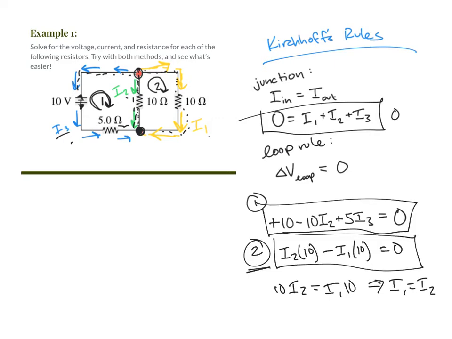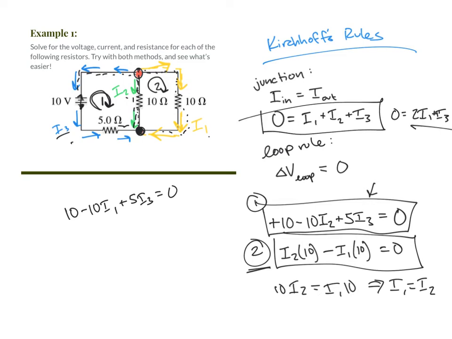This equation becomes 0 equals I1 plus I1 plus I3, which is 2I1 plus I3. This one right here becomes 10 minus 10 I1. I'll write it over here. 10 minus 10 I1 plus 5 I3 equals 0.